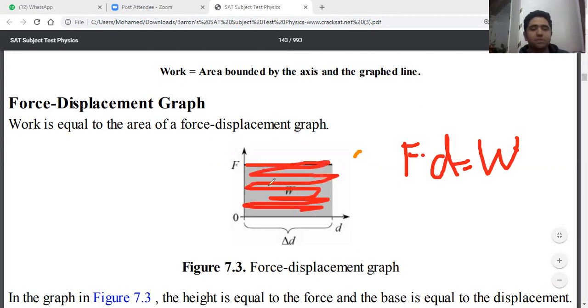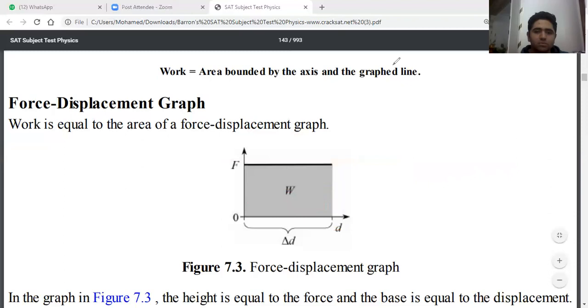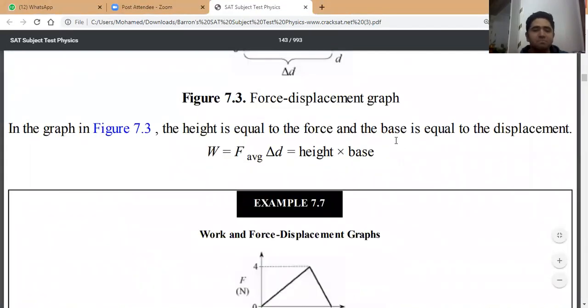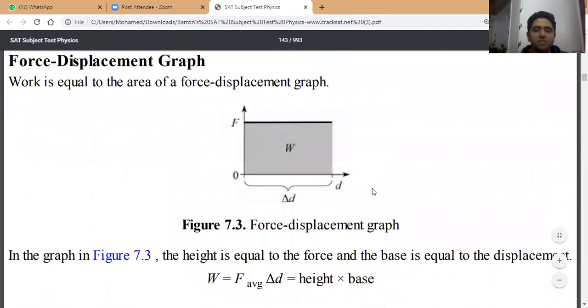Okay, so if you're given here, for example, 10 newtons, and here you're given 3 meters, you need to find the work. Multiplying 10 by 3 will give you the total work that has been done. You just find the area, okay?